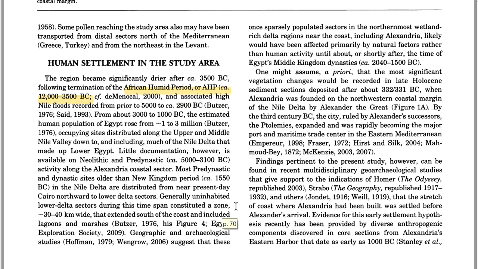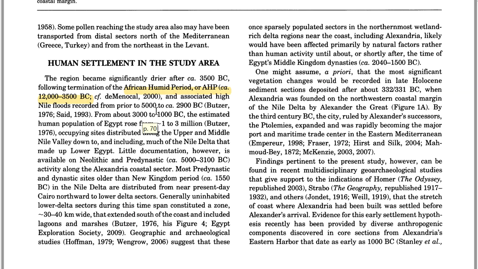If you go on to the bottom part of that page, they talk about something called the African Humid period. This is when it was rainier in Africa than it is today. And in this particular case, it's about 12,000, in this case BC, before Christ. So 12,000 to 3,500 BC.